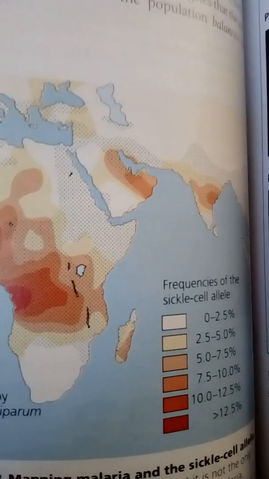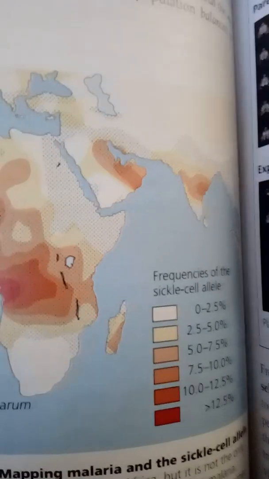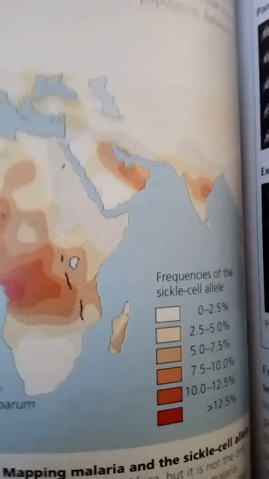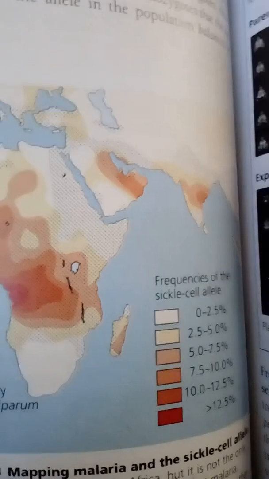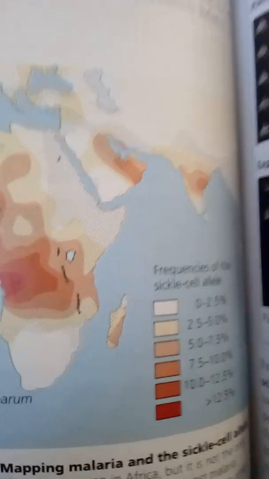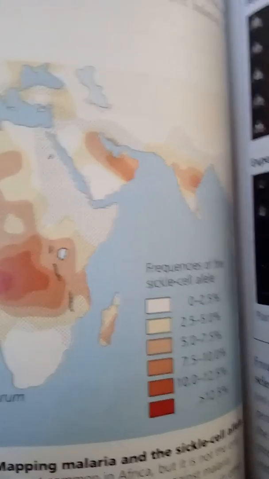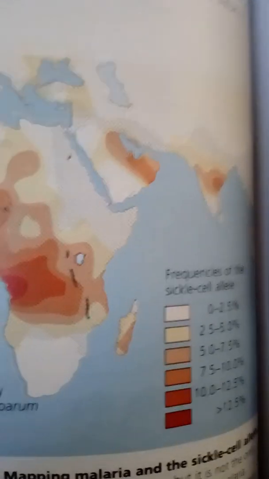There are far more heterozygotes who are resistant to malaria. 2pq equals 2 times 0.8 times 0.2 equals 0.32. Although the fitness advantage to the heterozygotes is much smaller than the disadvantage to the homozygote, there are so many more heterozygotes than homozygotes that the aggregate benefit of the allele in the population balances its aggregate harm.